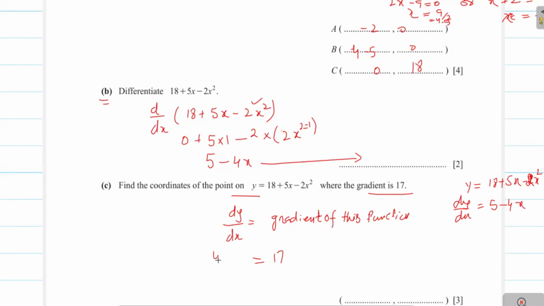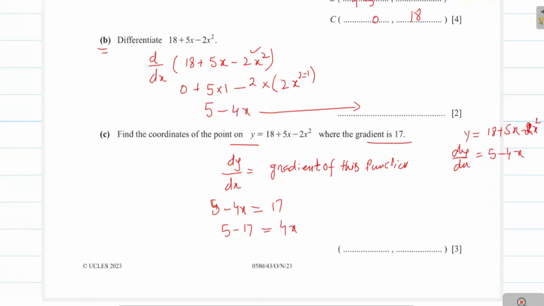We write 5 minus 4x equals 17. Therefore, 5 minus 17 equals 4x, so 4x equals minus 12 and x equals minus 3.